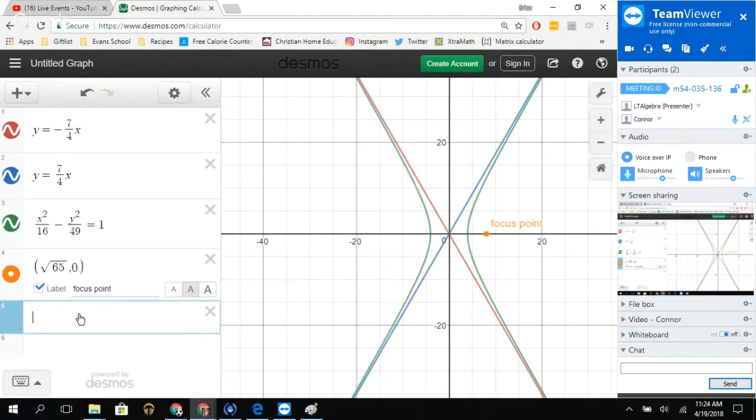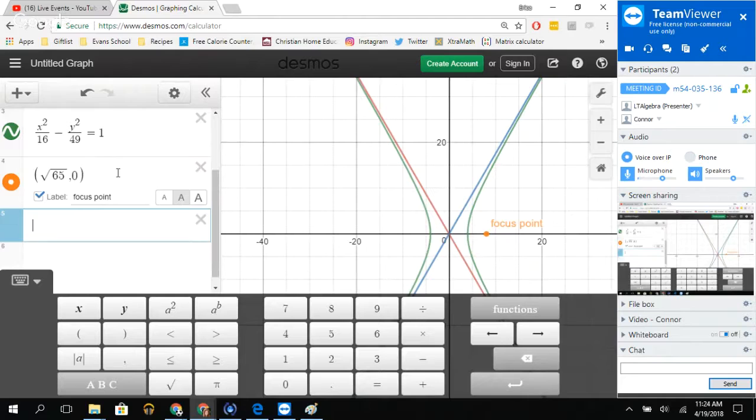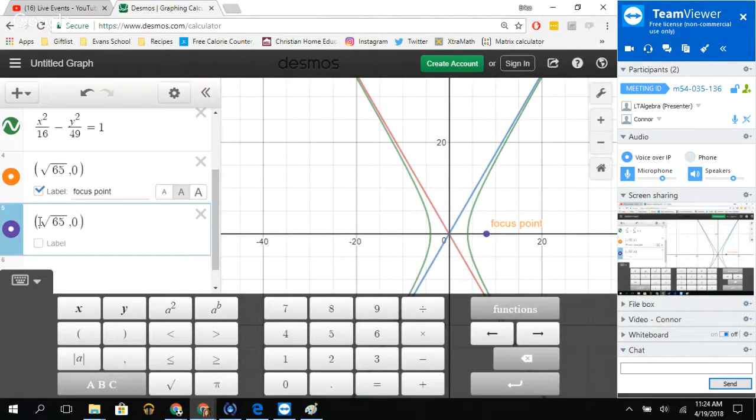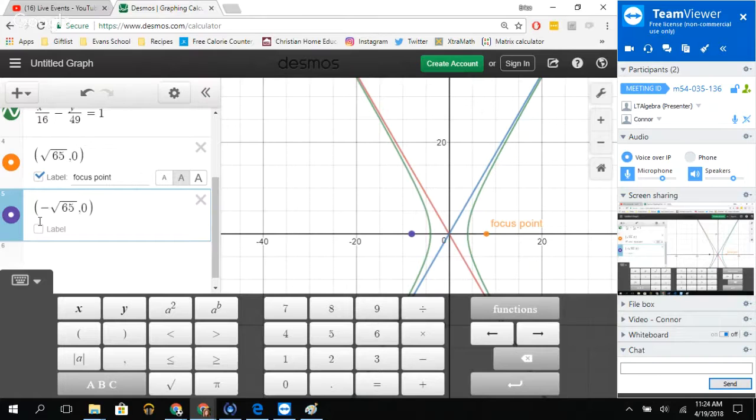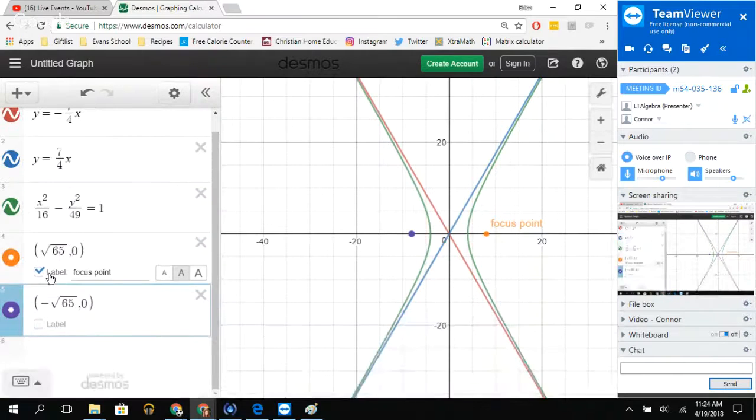Look at that. And then we also have one at the negative. All right, so that's how we do it. It's basically just like how we did ellipses. You're going to follow the equation and figure out where the vertices, foci, and asymptotes are.